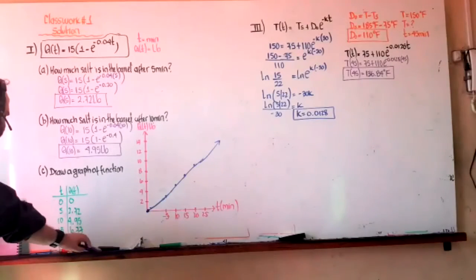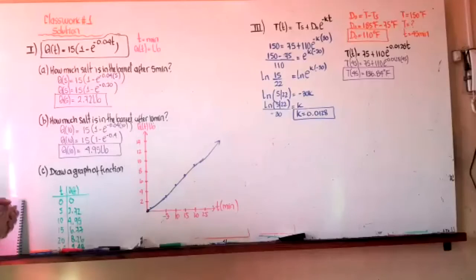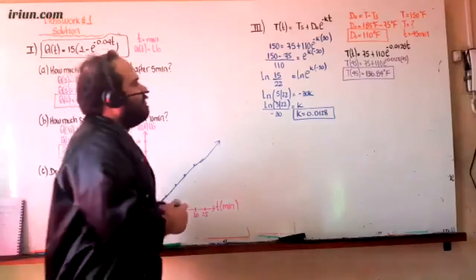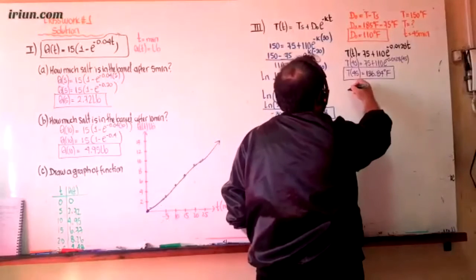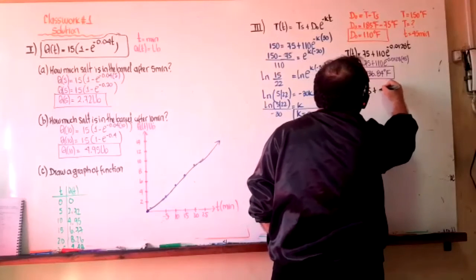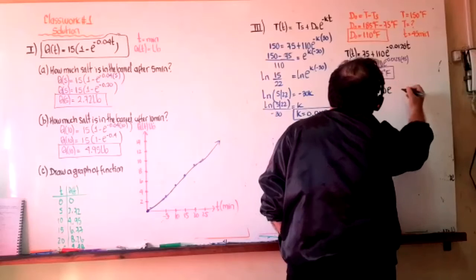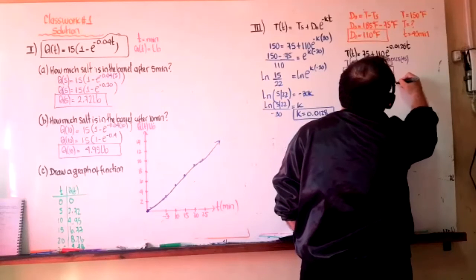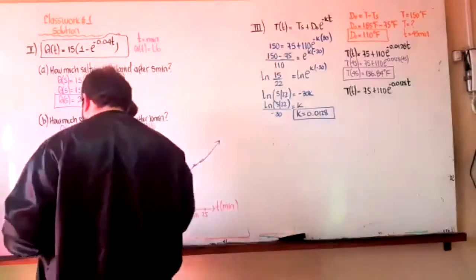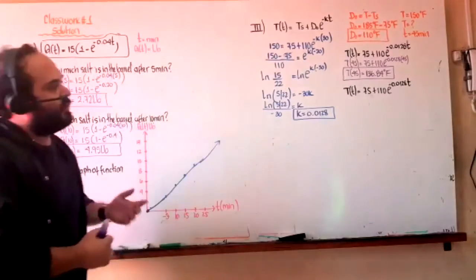And the last one, letter B, the second question, asks when the temperature will cool down to 100 Fahrenheit degrees. So if you wish, you can rewind once again the function T(t) equals 75 plus 110 e to the negative 0.0128 t. Now they're asking for when it's cooling down to 100.